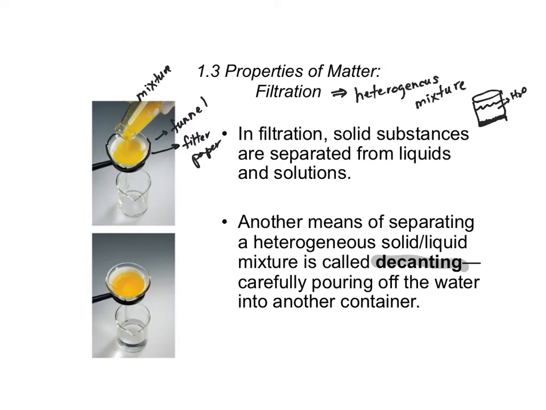So we have our little sand water mixture here, and I pour it through the paper. What's going to stick to the paper? Sand, right? So the sand is going to end up on top. What's going to go through? The water, right? So again, if I wanted to be very, very precise and careful about separating my solid from my liquid, I could use this method of filtration. I would need a filter paper, and I would go forward from there, okay?